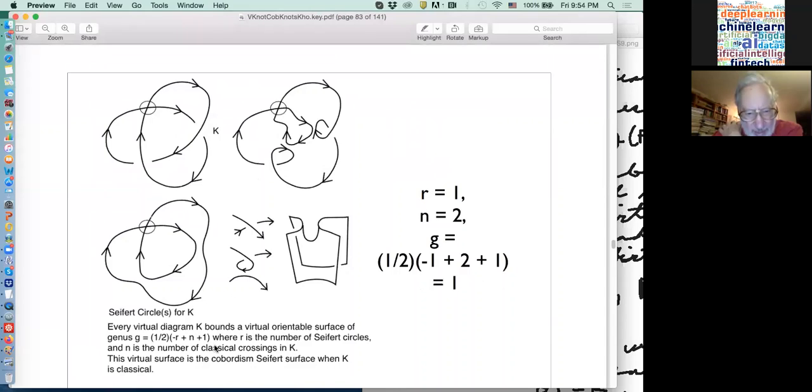And let's see, I used R for the number of Seifert circles and N for the number of crossings. And maybe I made a mistake when I was doing my derivation before. Let's see. In the case of L equals, no, I didn't.